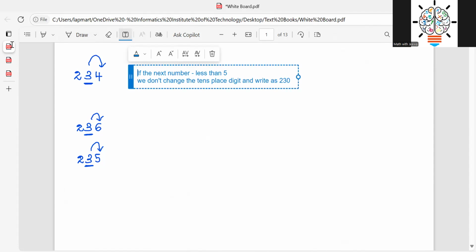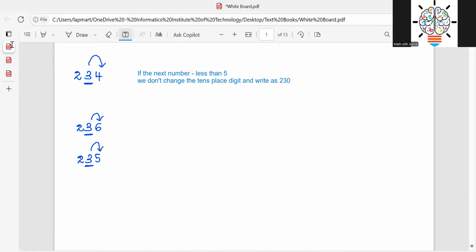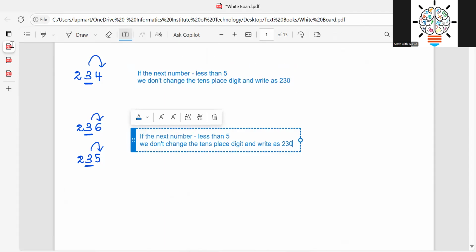If the next number is 5 or more than 5, what we need to do is add 1.